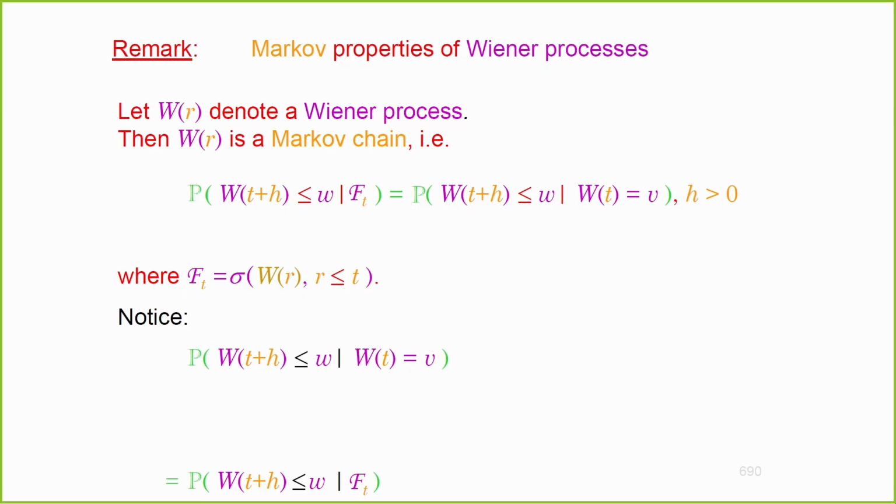So the current observation would be enough. It doesn't change anything if you look at the total past instead of just the current observation. And that's pretty much it. This was the Markov property that the Wiener process also has.